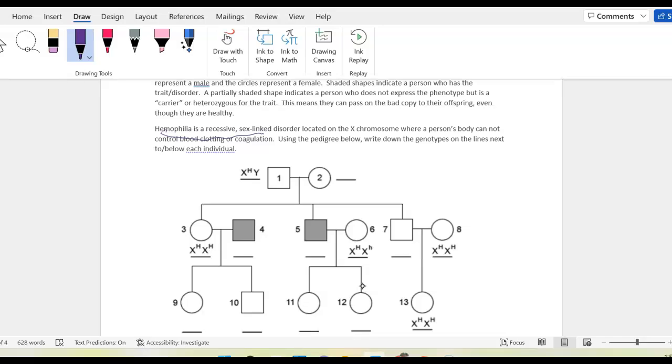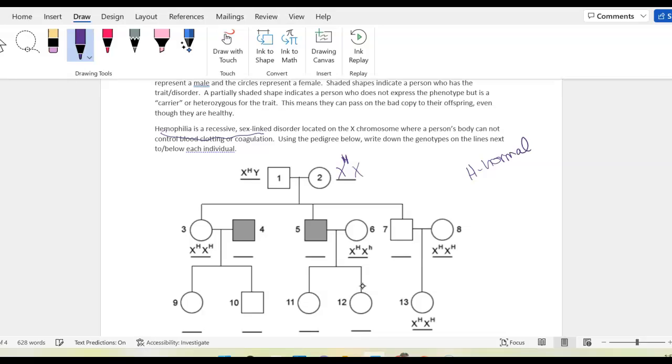They don't have hemophilia because they're not shaded in. So here's what its genotype would look like. Remember, it's an X-linked trait, just like the Punnett squares we did in week 1, right? And we have a mother here who also does not have hemophilia. So we know that she's XX, and we know that she has at least one capital H, because she does not have hemophilia.